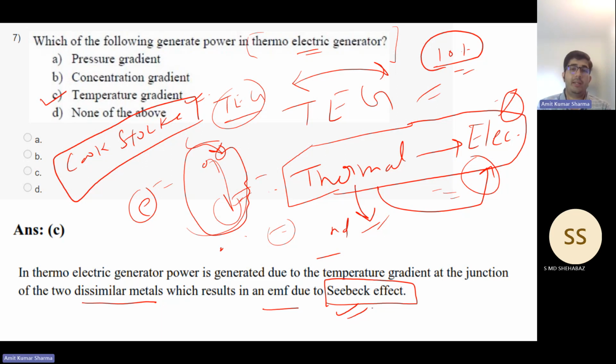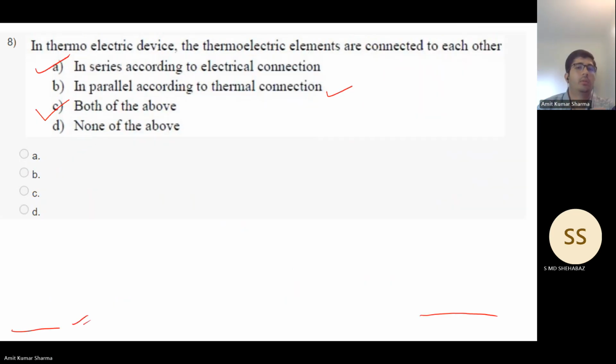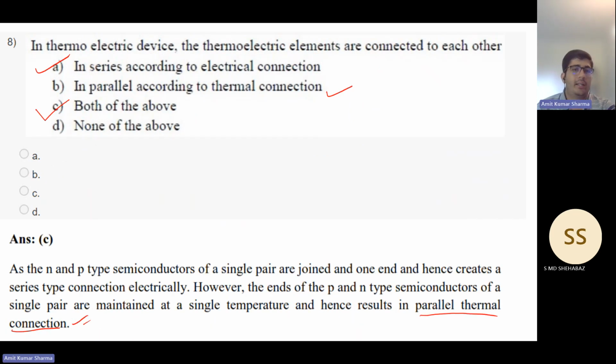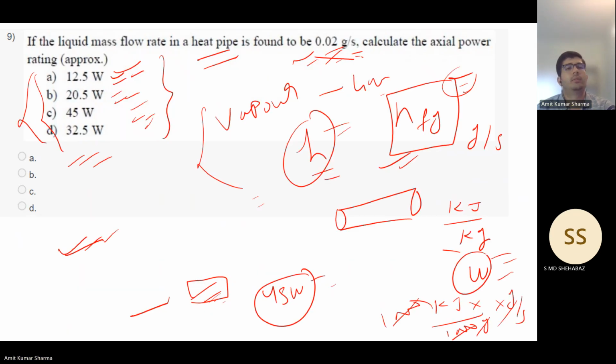There is direct thermal to electrical conversion, and it is happening due to the Seebeck effect. So in a thermoelectric device, the thermoelectric elements are connected to each other, in series according to electrical connection and in parallel according to thermal connection.